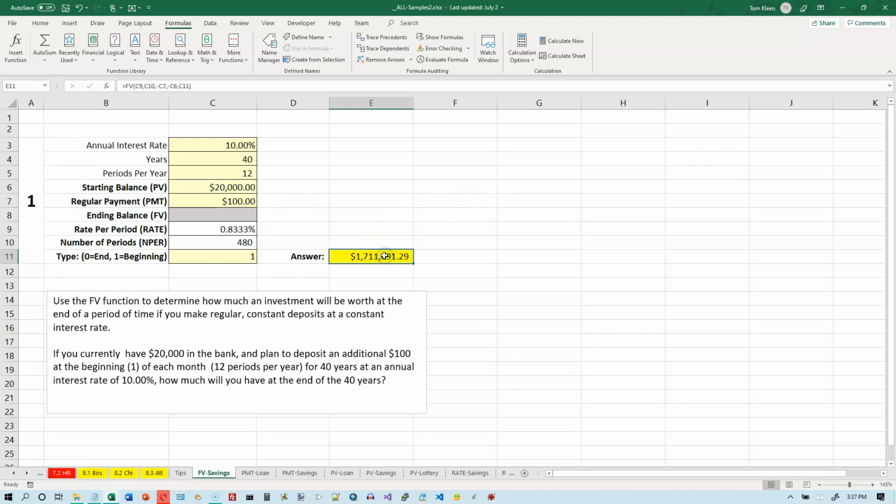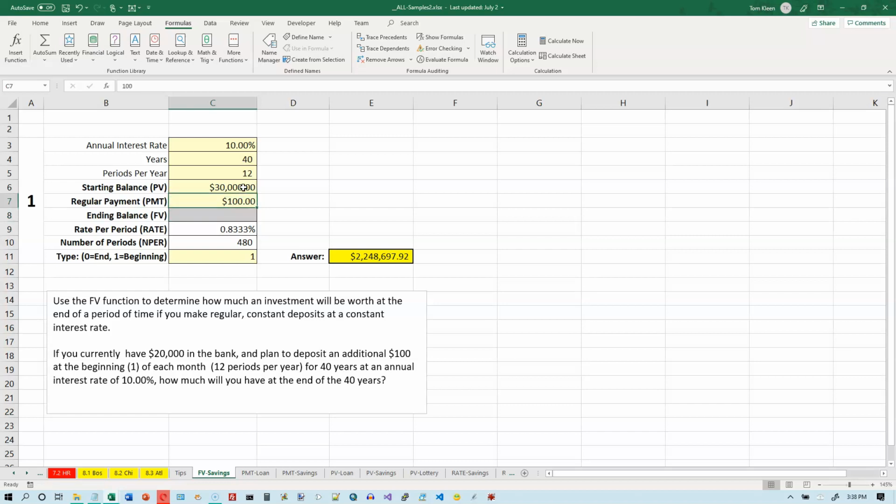And the neat thing about solving the problem the way that we did is now that we've solved it once, because everything we did in here, I'm going to double click on this, everything we did was we put cell references in. We didn't build a single number into our formula. So we never have to change this formula. If we want to figure out how much we're going to have if we start off with 30,000 instead of 20,000, all we've got to do is change it to 30,000.